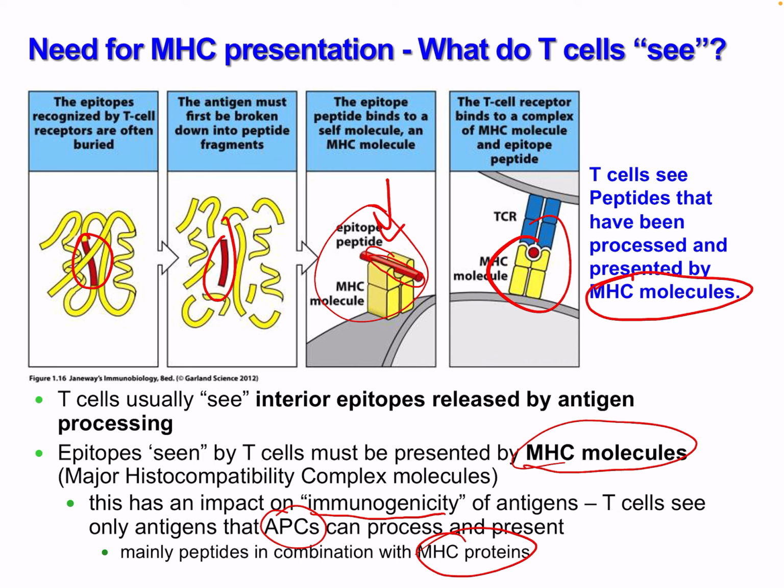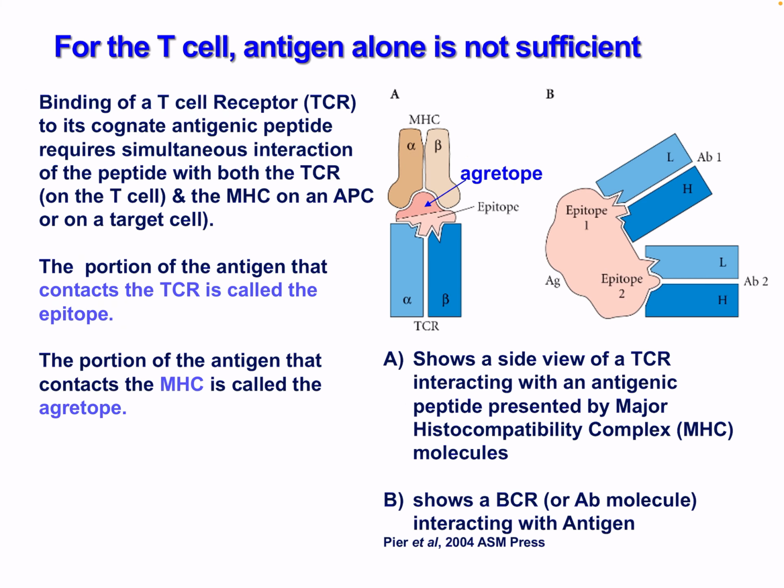Then the T cell receptor binds to a complex of MHC molecule and epitope peptide. But for the T cell, this single binding between the epitope and the T cell is not enough. We need second signals. The binding of a T cell receptor to its cognate antigenic peptide requires simultaneous interaction of the peptide with both the T cell receptor on the T cell and the MHC on the antigen-presenting cell.